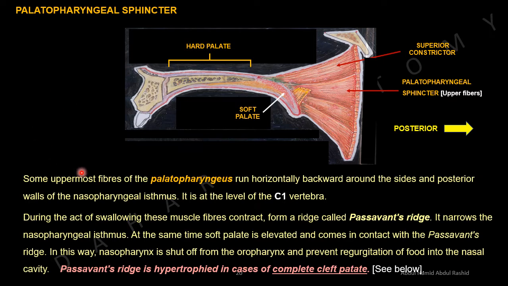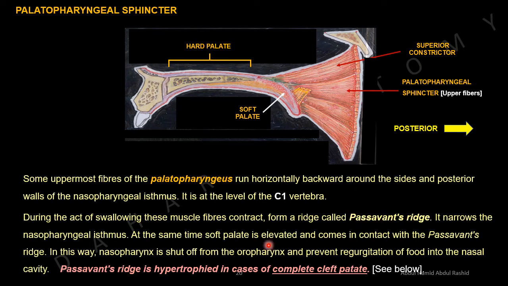Now let's see. Some uppermost fibers of the palatopharyngeus muscles run horizontally backwards around the sides and posterior wall of the nasopharyngeal isthmus, at the level of the first cervical vertebra. During swallowing, these muscle fibers contract and form a ridge called Passavant's ridge.